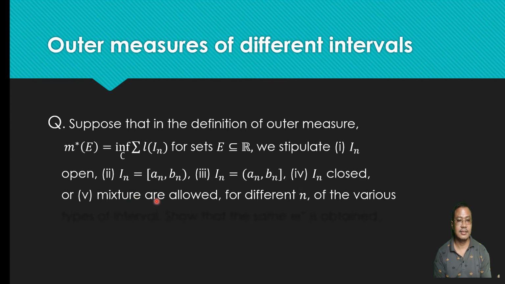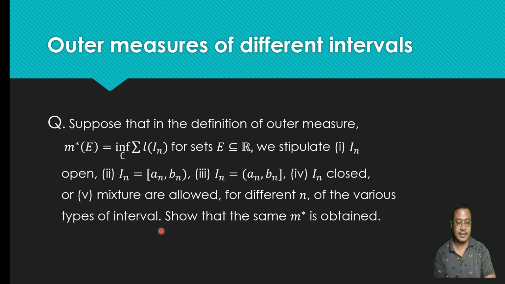So what is the relationship of the different outer measures? The answer is they are all equal. This is a very important question: to show that the same m star is obtained. So let us see.